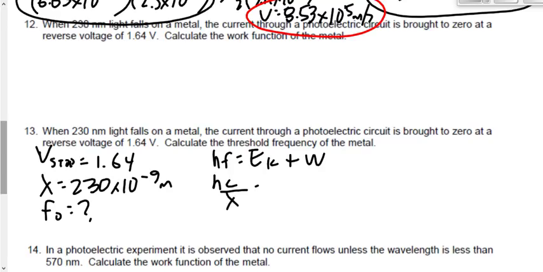We don't have EK, so let's replace it with QV stop. We don't have W, so let's replace it with H times the threshold frequency. Do you see how even though that equation certainly didn't look like it fit the givens, we weren't sure which one to use, so we went with it, and it works.